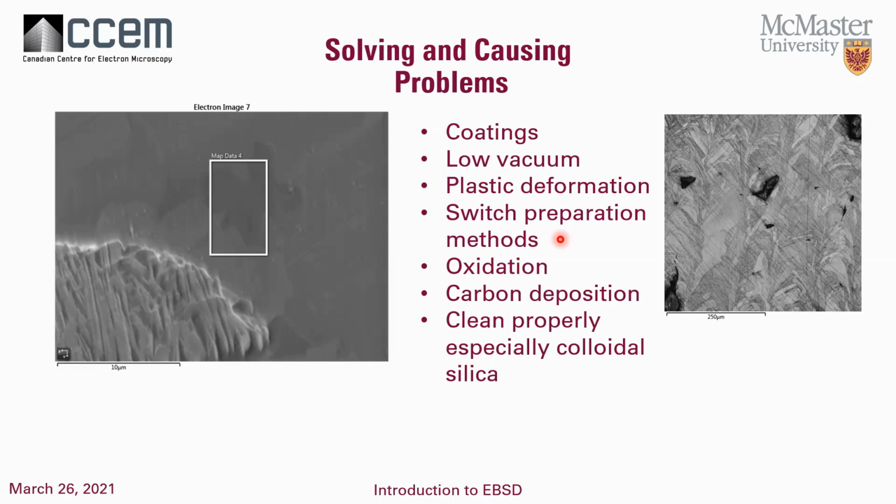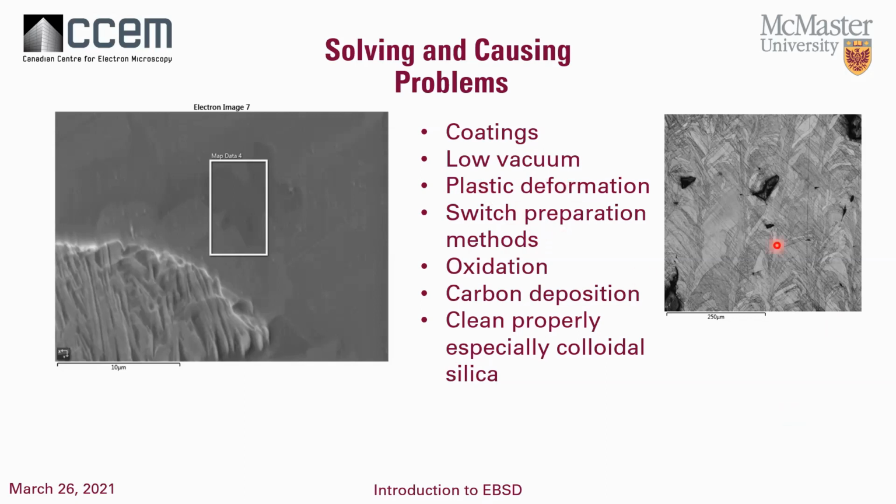Low vacuum, sometimes you can use low vacuum to reduce the charging from the material. This helps with drifting and things like that, but it will mean that your EDS, if you're collecting at the same time, will have a much larger spot size as a consequence of having a slight atmosphere in the chamber.